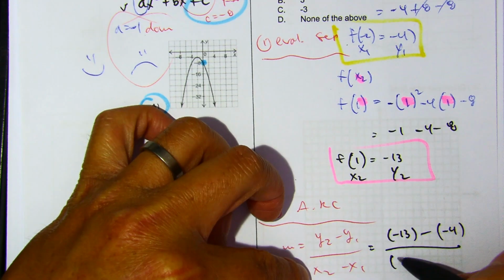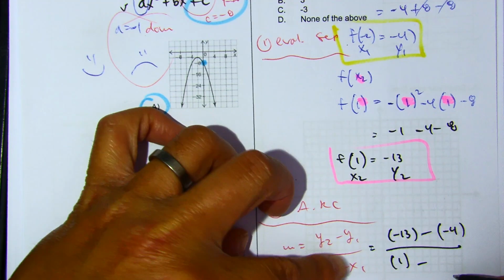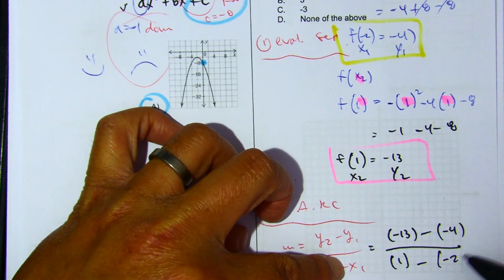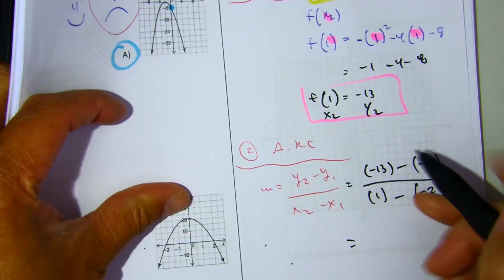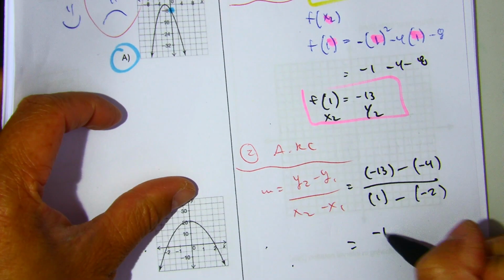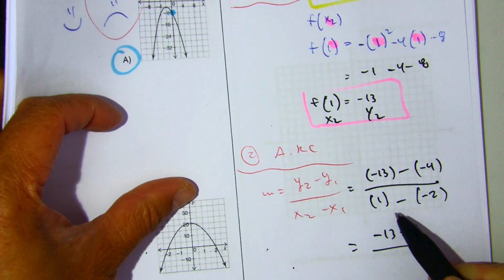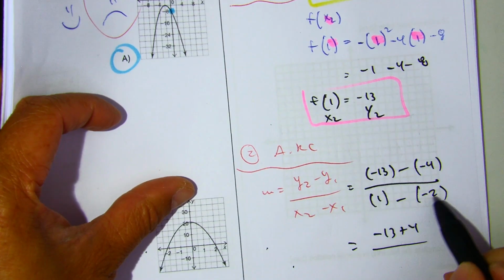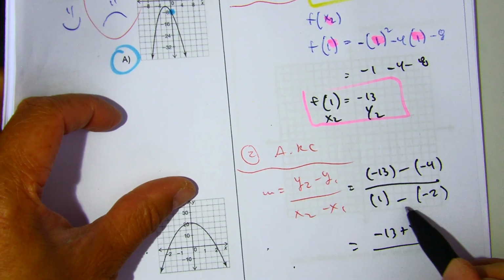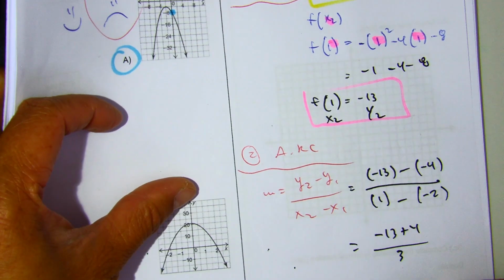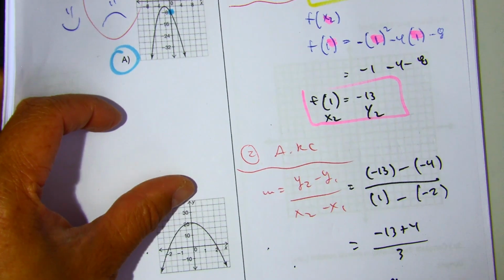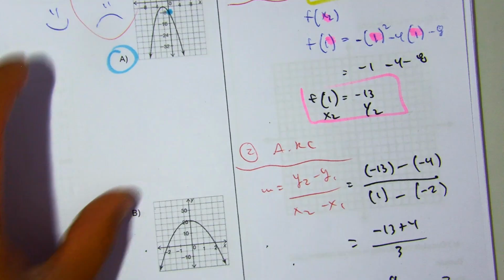So that becomes negative 13 plus 4, and then this is 1 minus negative 2, or negative 1 times negative 2, or the opposite of negative 2 is plus, so 1 plus 2 is 3. So I have negative 9 over 3, which gives me negative 3. So my slope is negative 3. That'll be letter choice C.